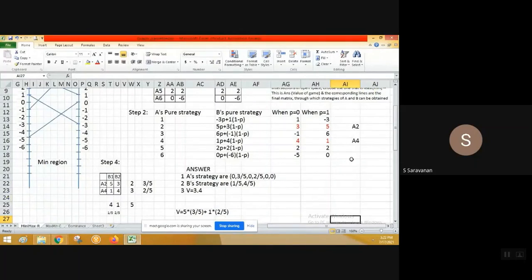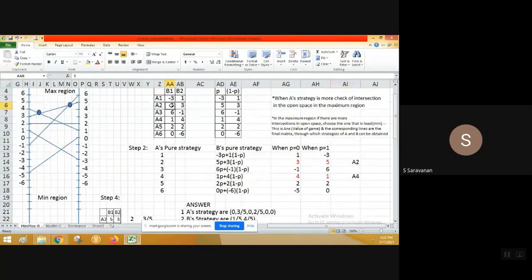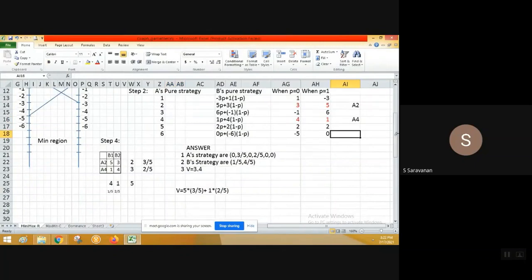Just go and check A2 and A4. See here, I just highlighted 5, 3, 1, 4. So I am taking these four points: 5, 3, 1 and 4, to recollect from what we discussed in the last session.